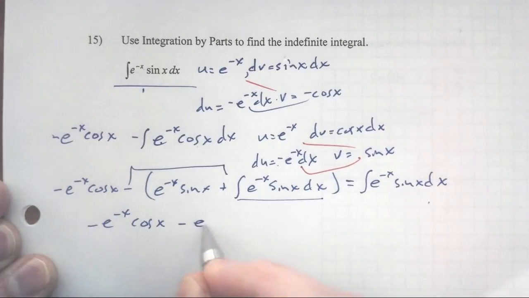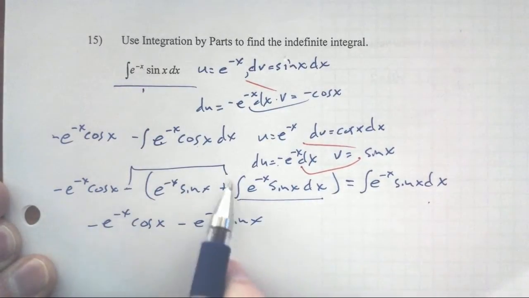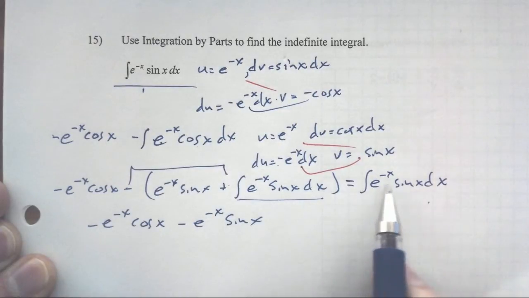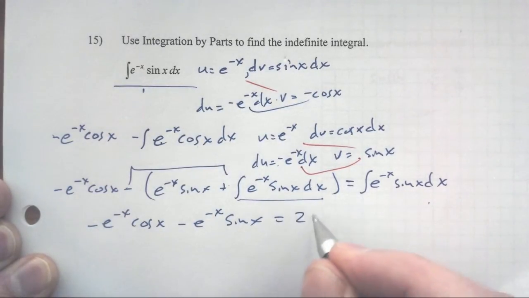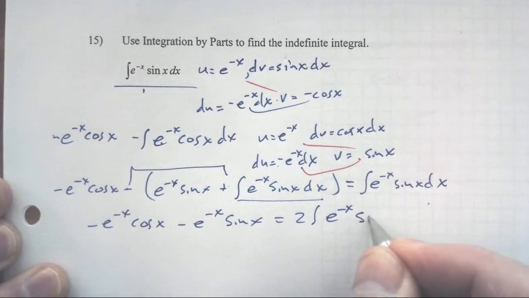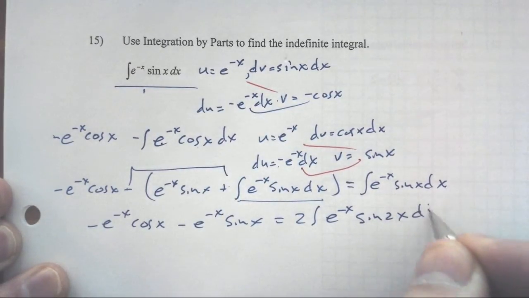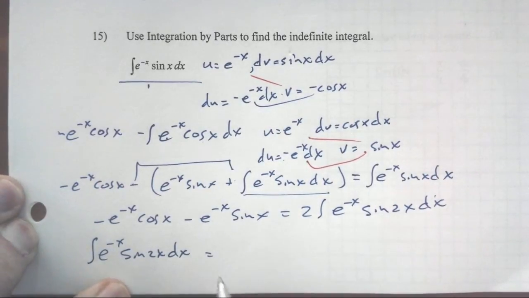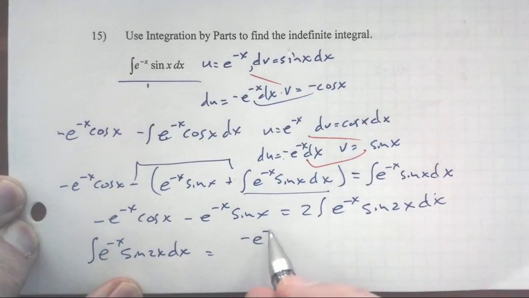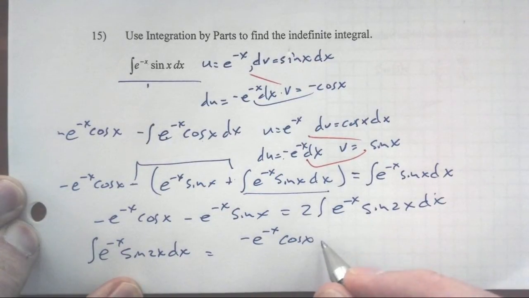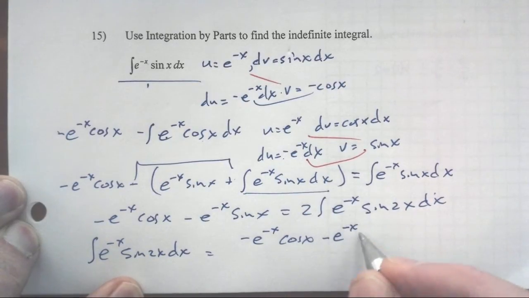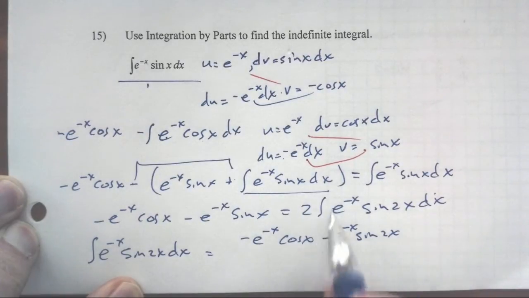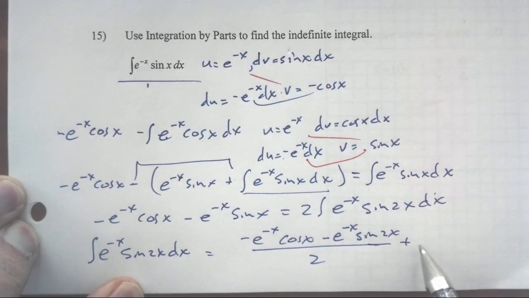I'm going to keep minus e to the negative x sine of x, but because this is a minus an apple, and I've got an apple over here, I'm going to add an apple to both sides, equals 2 times the integral of e to the negative x sine of x dx. So the final answer, the integral of e to the negative x sine of x dx equals negative e to the negative x cosine x minus e to the negative x sine of x, all divided by 2, plus c.